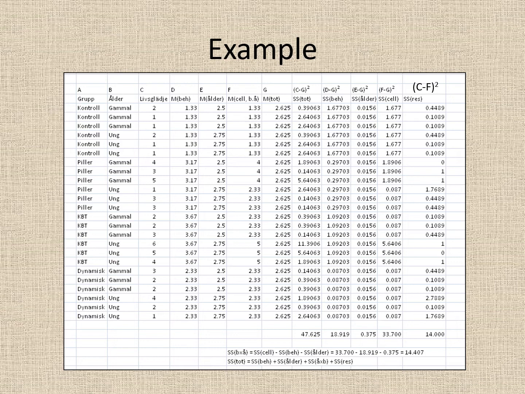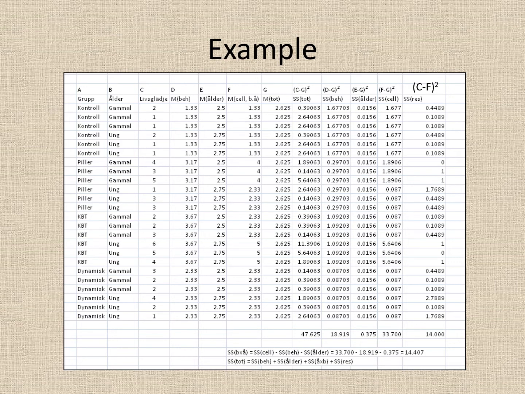At the bottom we see the calculation of the sum of squares that is due to the interaction. And the variation in life satisfaction that is due to the interaction between treatment and age category is the differences between the cells that cannot be explained by treatment and neither by age.